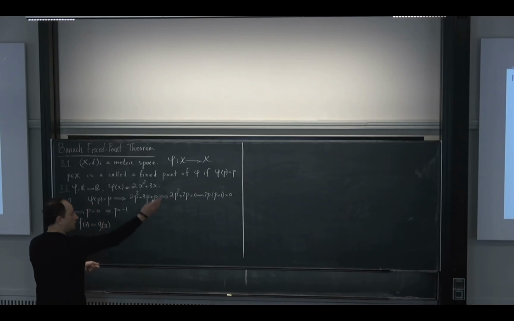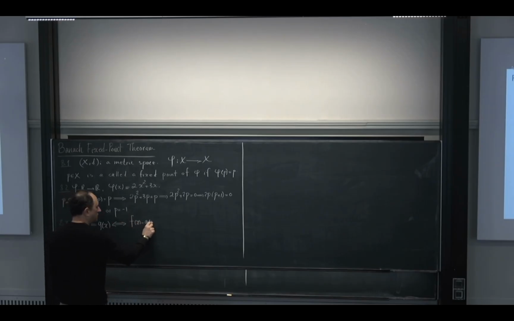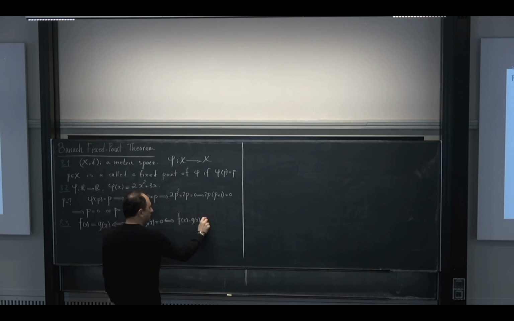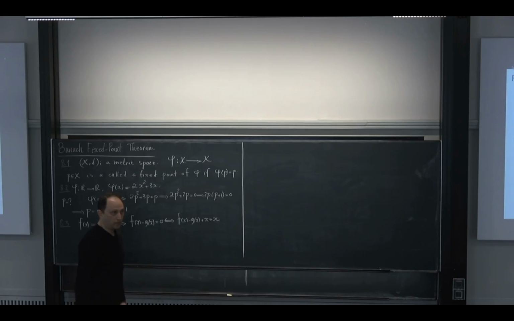How? I have written it in the notes. Solving this is equivalent to saying that f of x minus g of x is equal to 0, and this is equivalent to saying that f of x minus g of x plus x is equal to x.